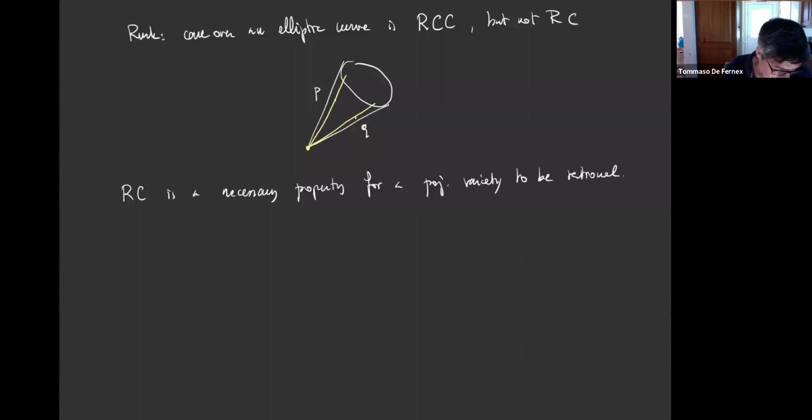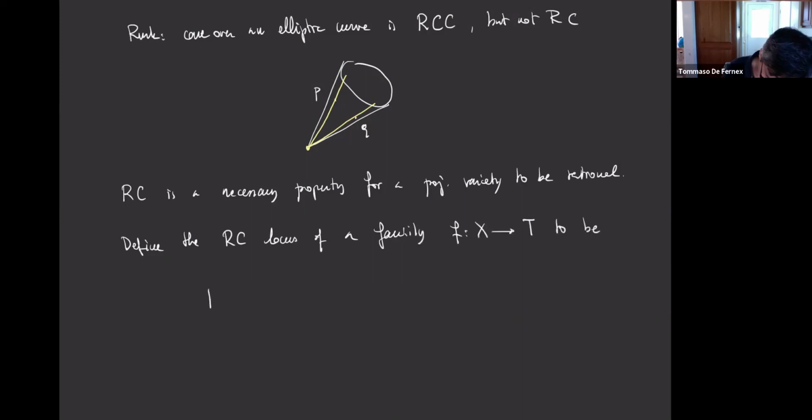Okay, so we can define the rationally connected locus of a family, again, of projective varieties, to be the following set of points t in T such that X_t is, well, maybe I add the word geometrically, rationally connected.